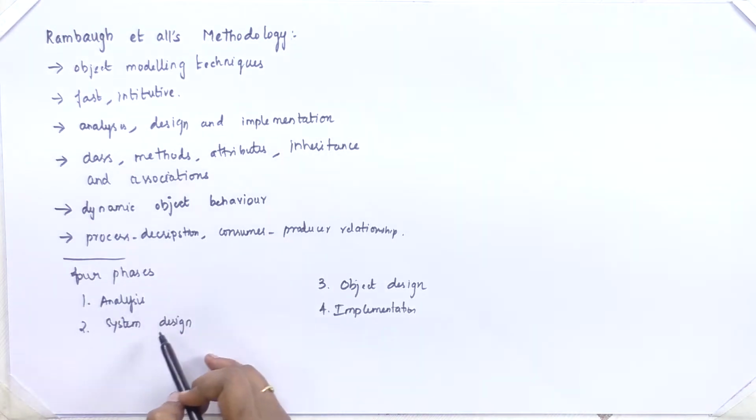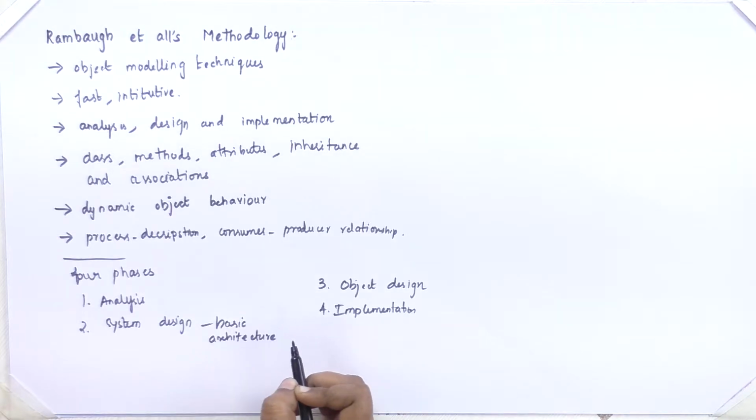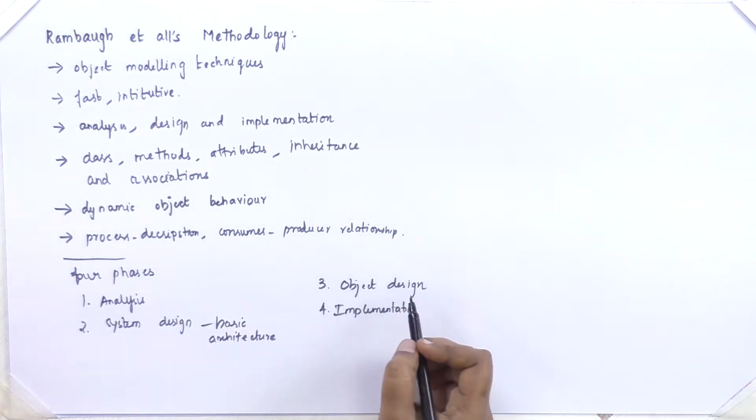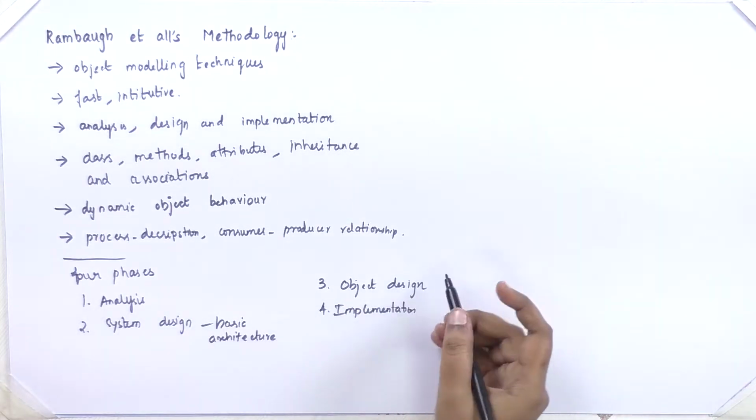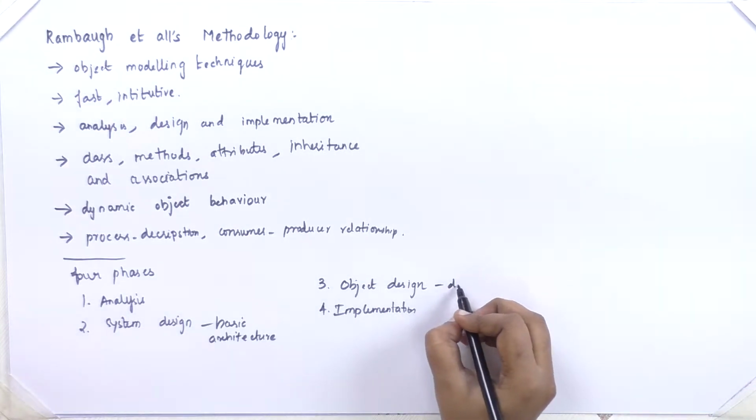Next, the system design phase. In this phase, you get the basic architecture of the system. The next phase is object design phase, in which you have the design documentation.